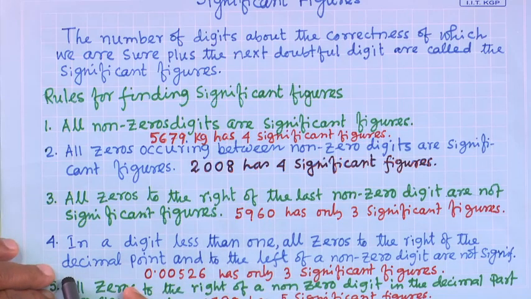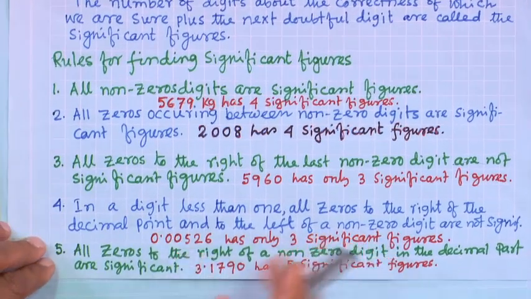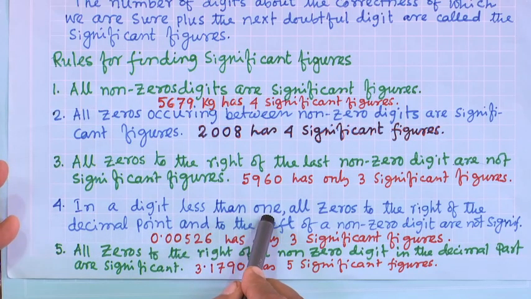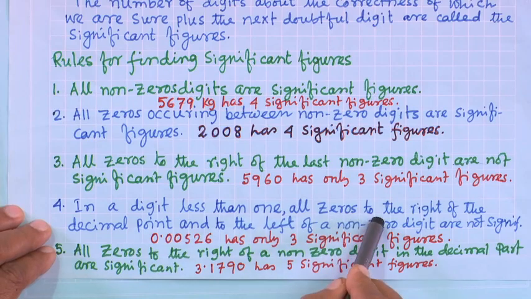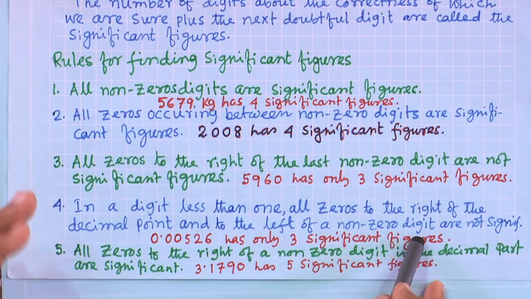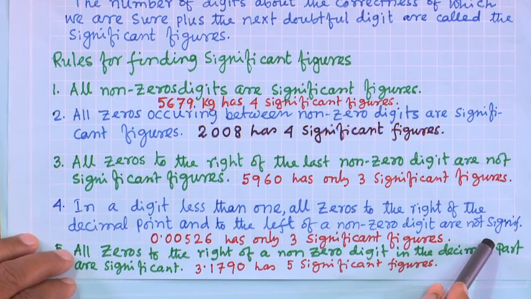The 4th rule is for a number less than 1, meaning there will be a decimal point: all zeros to the right of the decimal point and to the left of a non-zero digit are not significant.